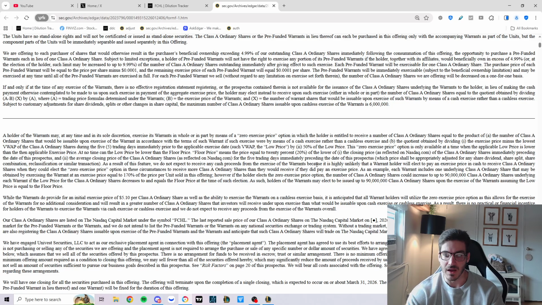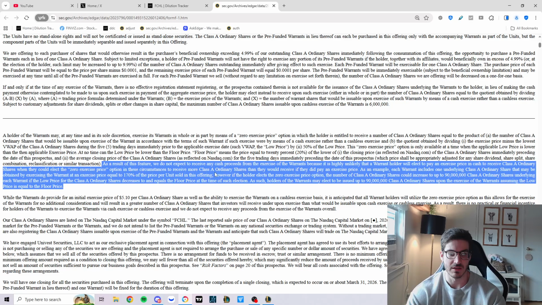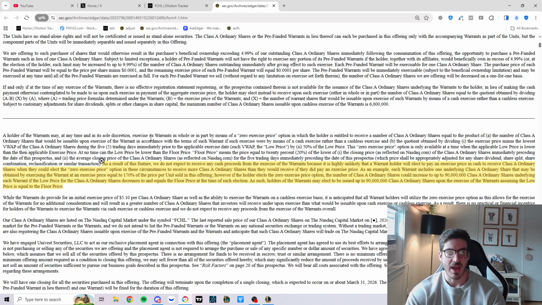a lot of the times, here we go. As a result of this feature, we do not expect to receive any cash proceeds. All right, I'm going to just highlight this. As a result of this feature, we do not expect to receive any cash proceeds from the exercise of the warrants because it is highly unlikely that the warrant holder will elect to pay an exercise price in cash to receive Class A ordinary shares when they could elect the zero exercise option to receive more shares than they would if they were to pay an exercise price.